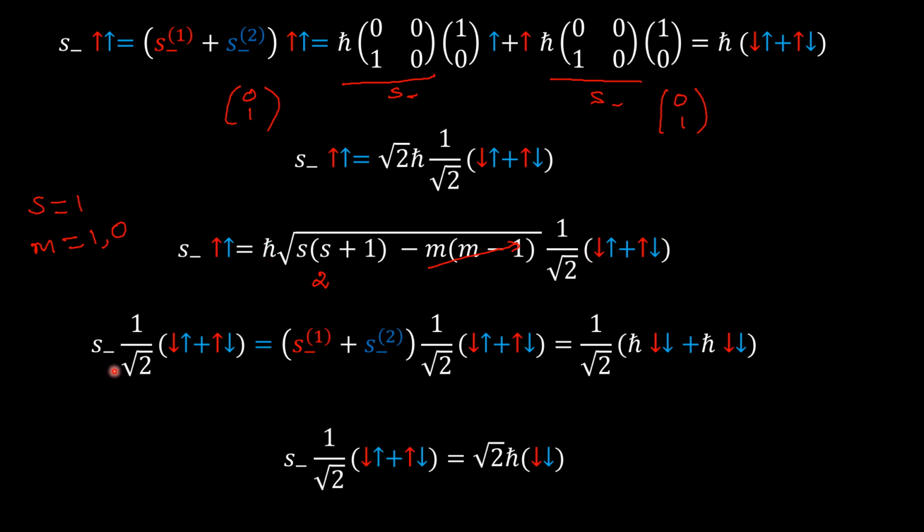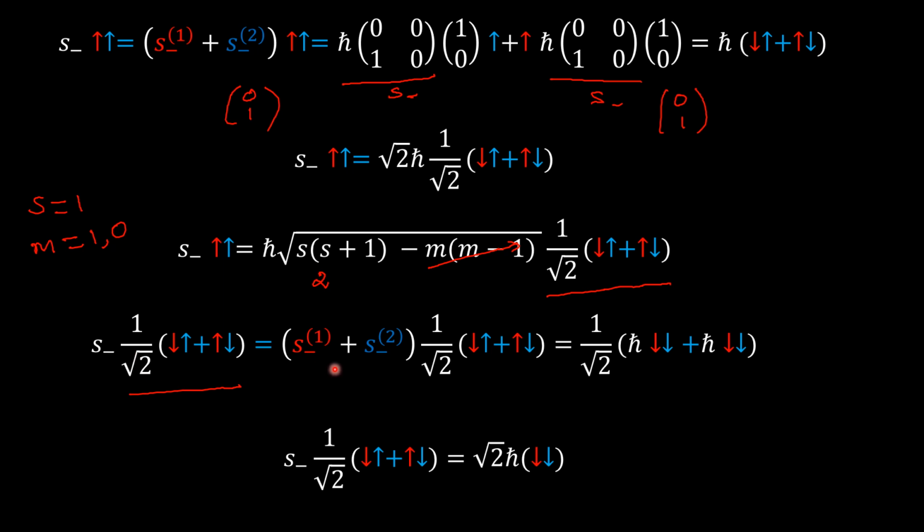Then next let us take this as our initial state, that is 1 over square root 2 of (down up plus up down). What will happen if the S minus lowering operator acts on it?